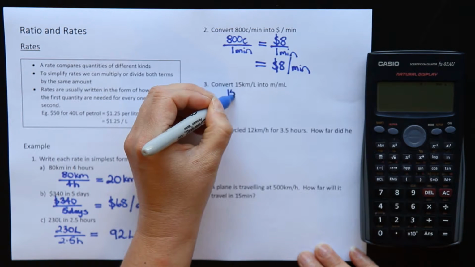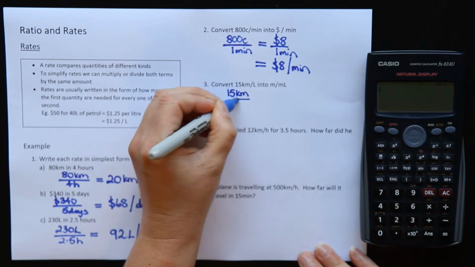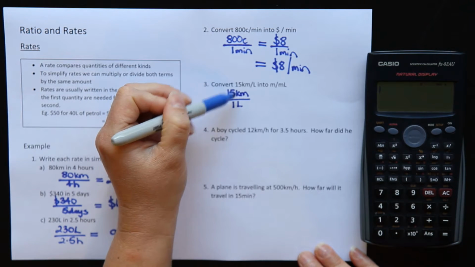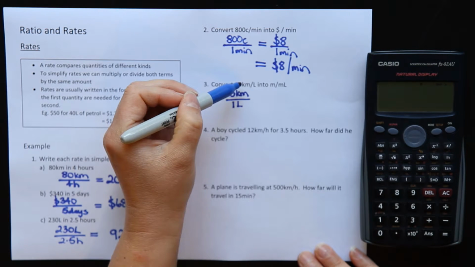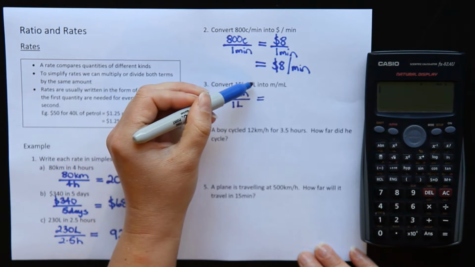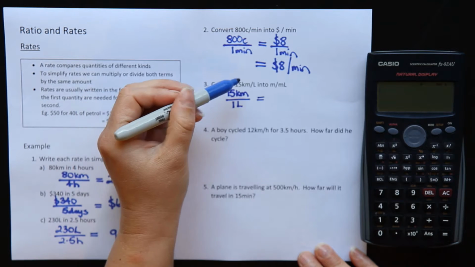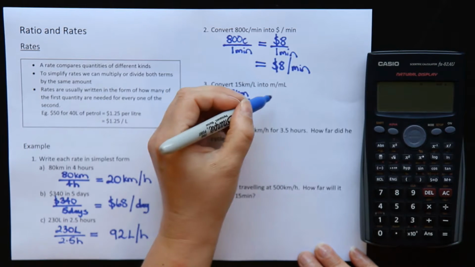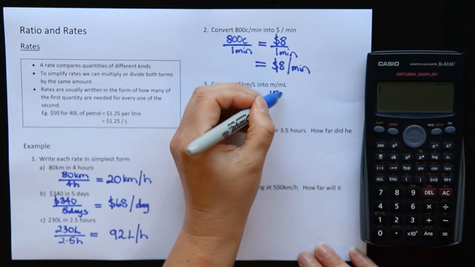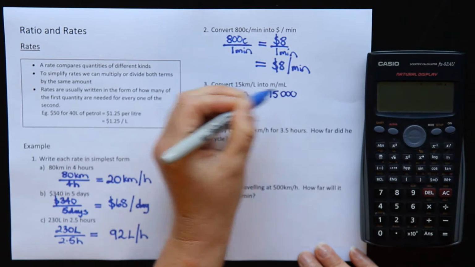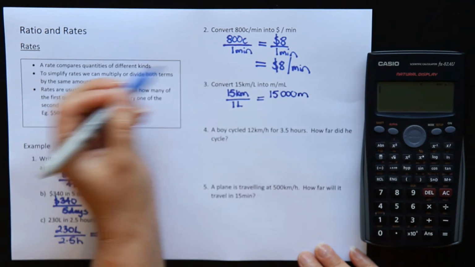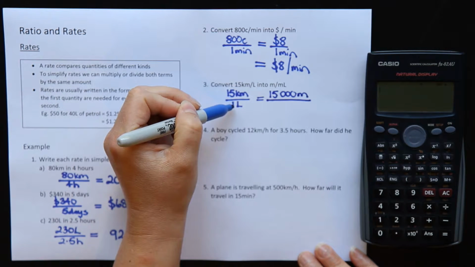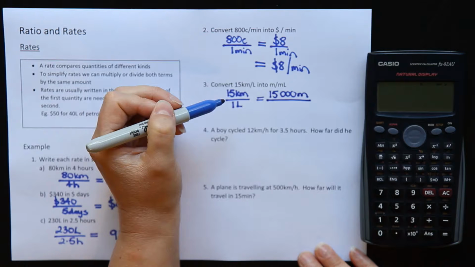I have 15 kilometres per 1 litre. Now I want to change both units, which is why this gets pretty confusing. I want to change the kilometres into metres and the litres into millilitres. So 15 kilometres, I would have to times that by 1,000 to get metres. That will give me 15,000 metres. And litres, I want to change the litres into millilitres.